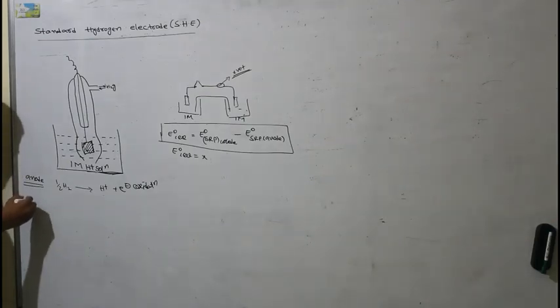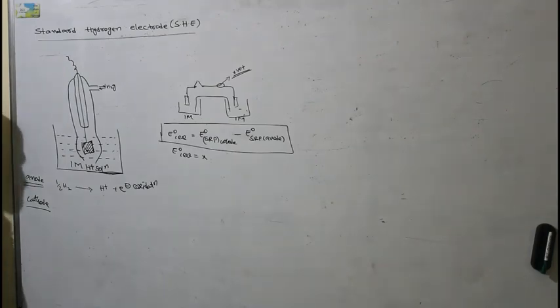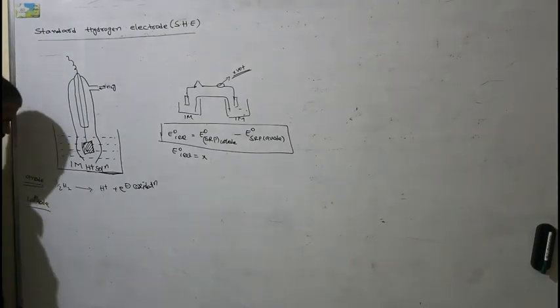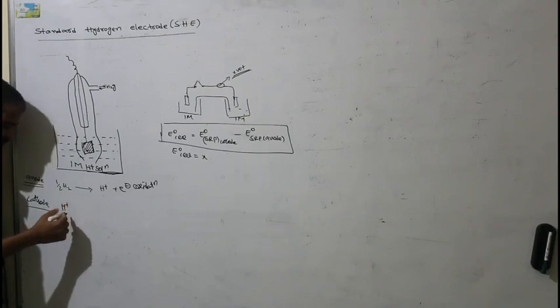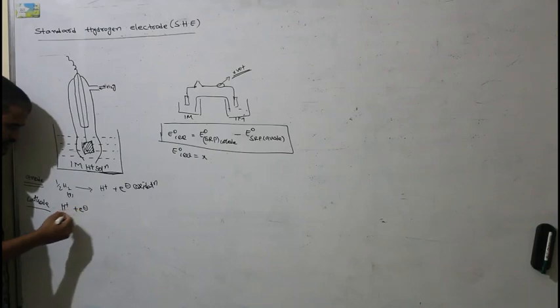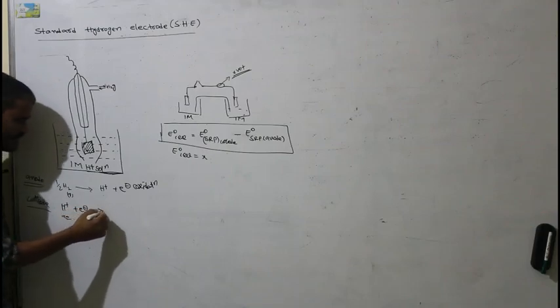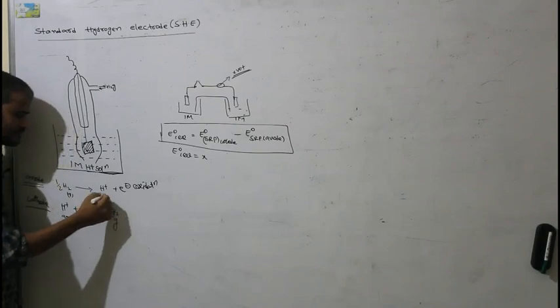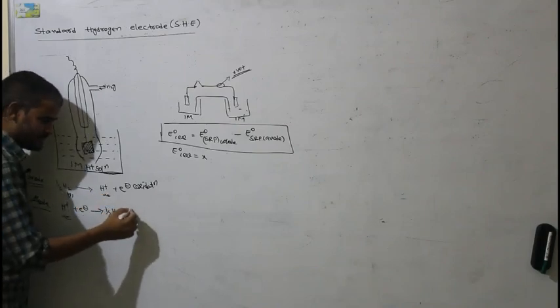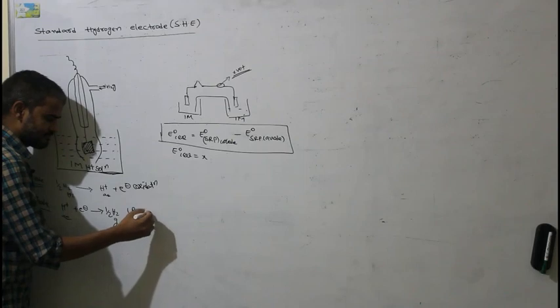Next, when it is acting as a cathode, it is supposed to undergo reduction. To undergo reduction, it must accept the electron. One H plus aqueous accepts one electron and forms half mole of H2 gas. This is called reduction.